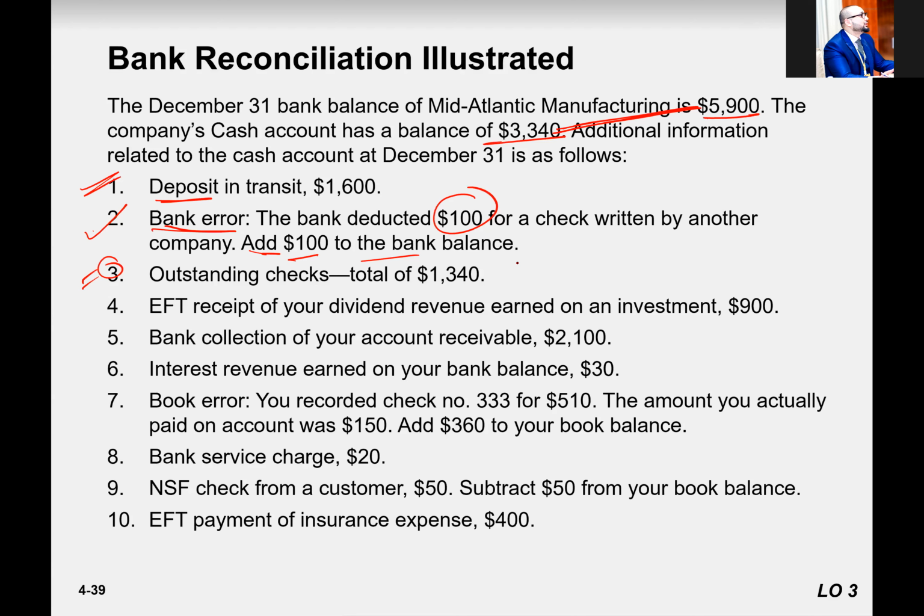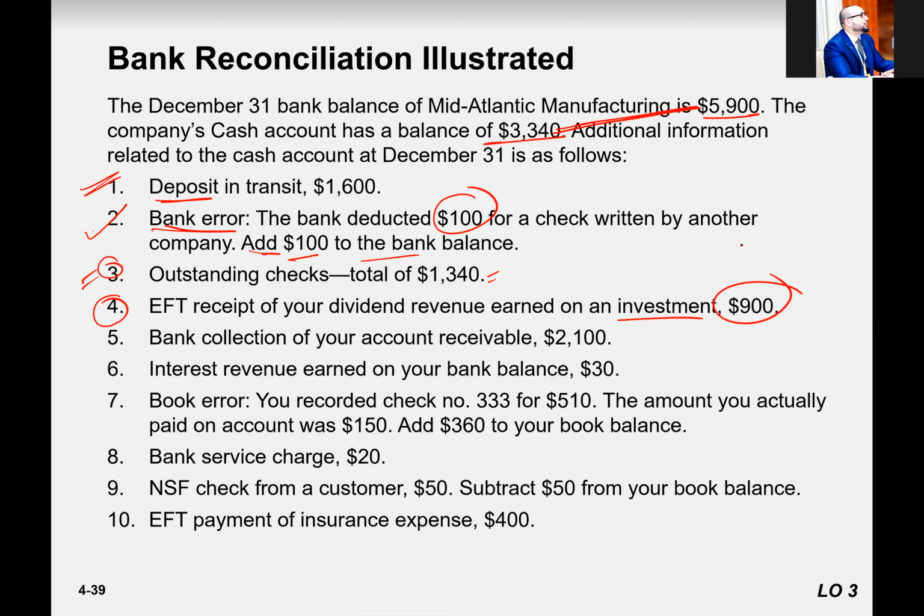Outstanding checks total 1,340, which means you wrote down the checks, but your suppliers didn't present those checks to your bank. EFT, electronic fund transfer receipts of dividend revenue earned on the investment, 900. That is just electronically coming to your account.